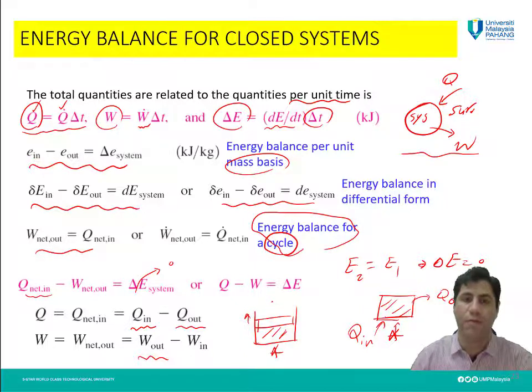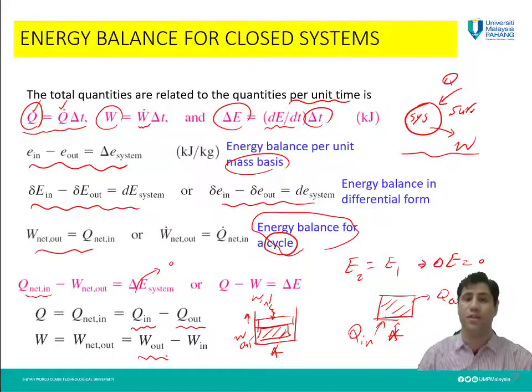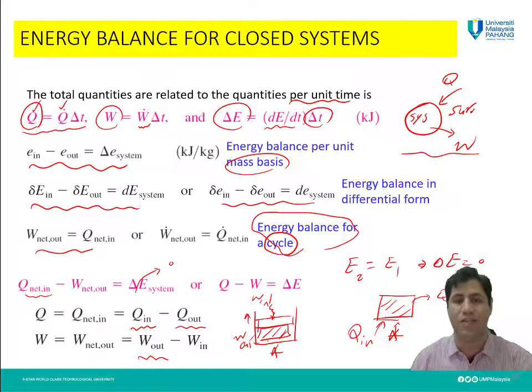And we may have a spring here which forces downward, which is work on the system. So we have W out and W in for this system. Then we need to calculate W net in, which is the difference between W out and W in for that system. Here is just a simple example to show this.